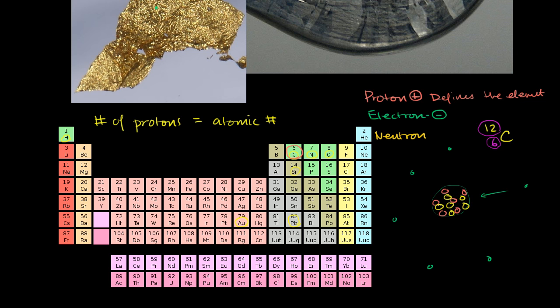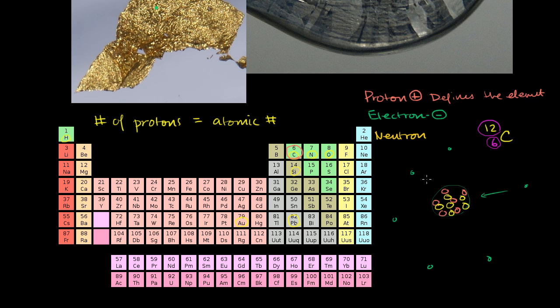And so I mentioned carbon-12 right over here, defined by the number of protons. Oxygen would be defined by having 8 protons. But once again, electrons can interact with other electrons, or they can be taken away by other atoms. And that forms a lot of our understanding of chemistry, which is based on how many electrons an atom of a certain element has, and how those electrons are configured, and how the electrons of other elements are configured.